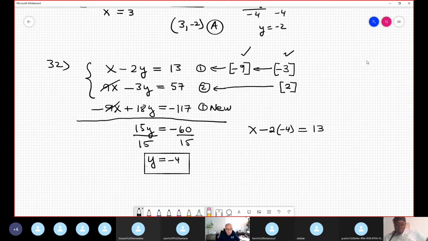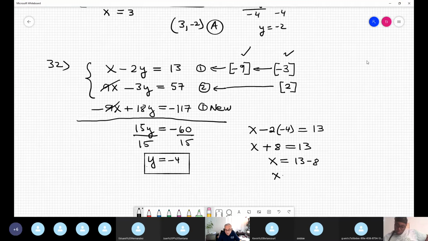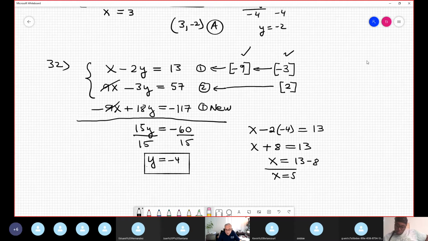However, in front of the coefficient of y we have negative, so we have double negative. That become positive. Finally, subtracting 8 and 5. The solution is the ordered pair 5, negative 4. 5, negative 4. Exactly like option A. Wow, everything is A.